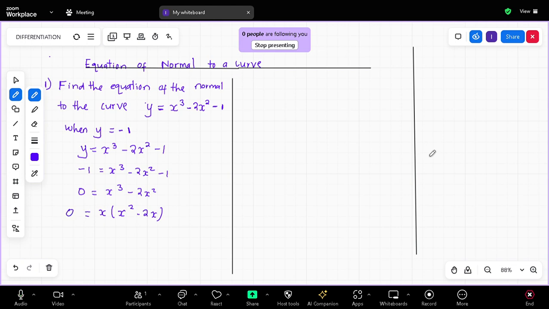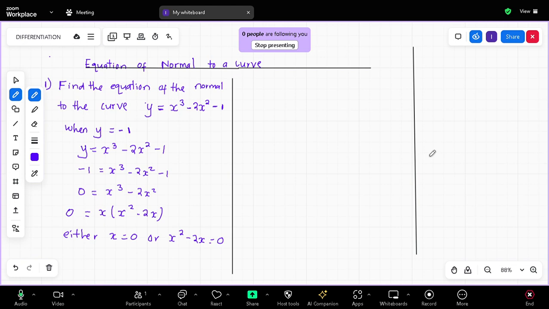So it is either x equals 0 or whatever is in the bracket, x squared minus 2x, equals 0. The first value of x is already 0, because the first factor multiplied by the second factor equals 0.